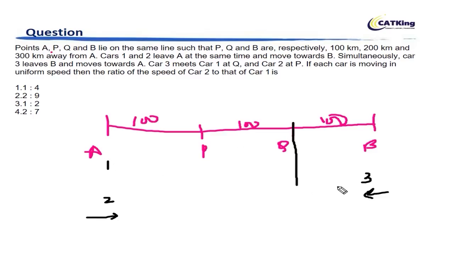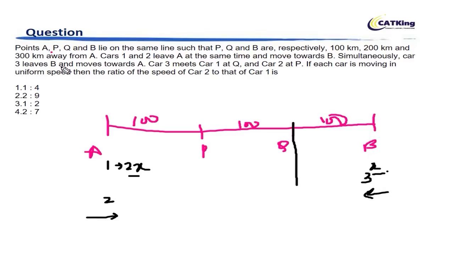So if the speed of car 3 is x, the speed of car 1 will be 2x, because in the same amount of time the distance traversed is double. So if time is a constant, distance is directly proportional to speed. So the speed of car 1 is 2x, and the speed of car 3 is x.